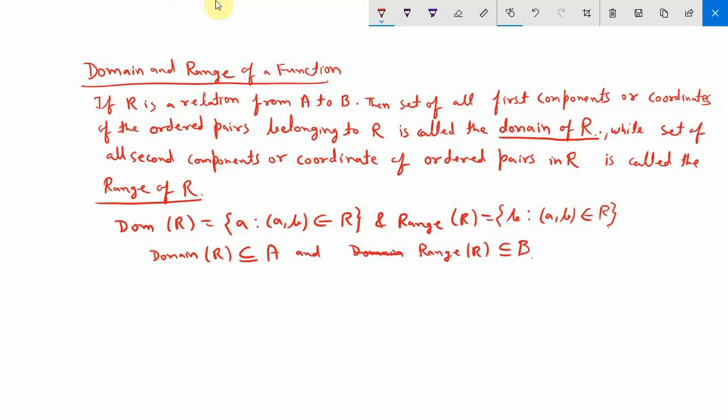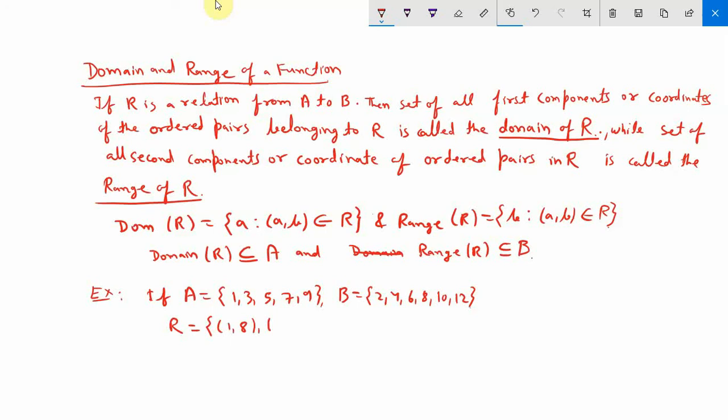Okay friends, if we consider an example, see, set A is given as 1, 3, 5, 7, 9. Set B is given as 2, 4, 6, 8, 10, 12. And R is a relation from A to B. It is given as (1, 8), (3, 6), (5, 2), (1, 4).